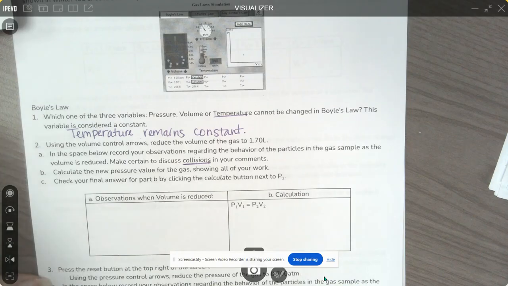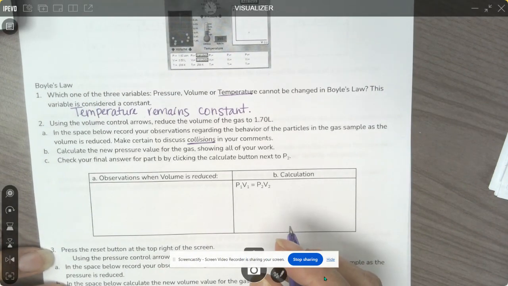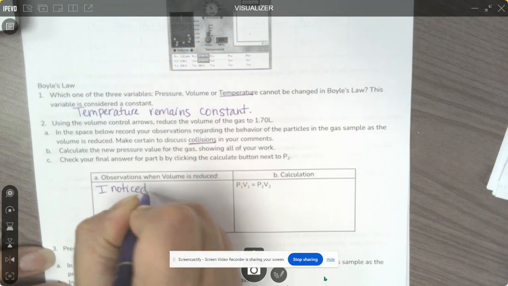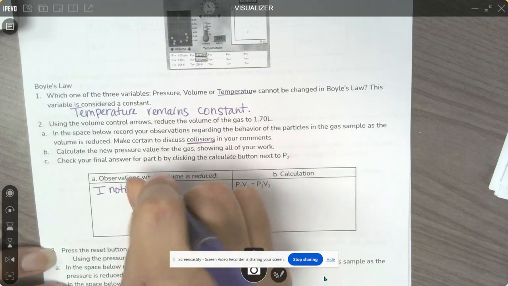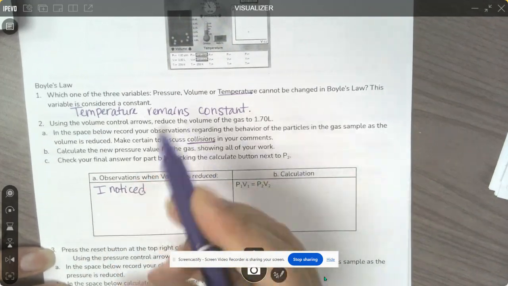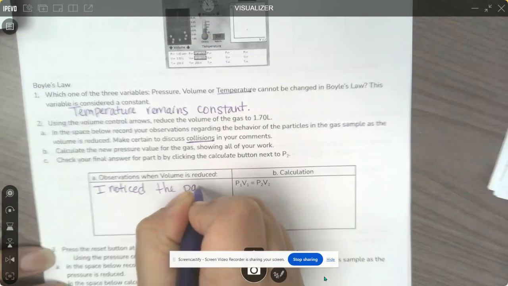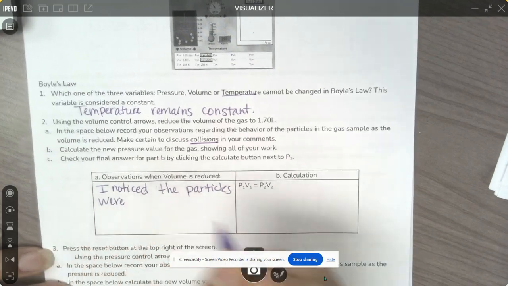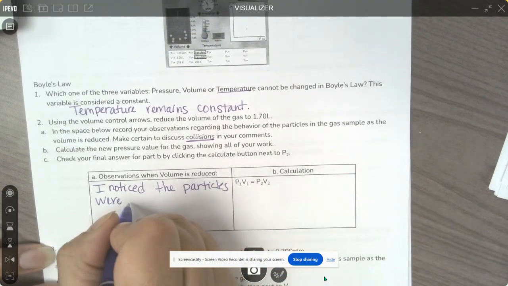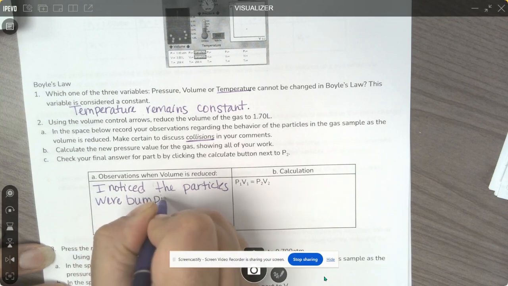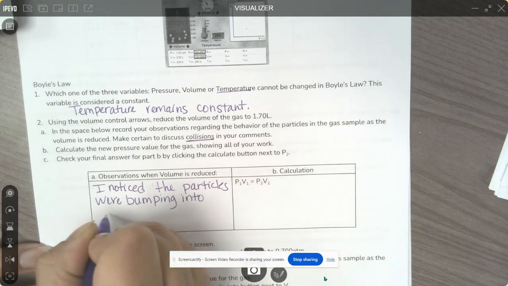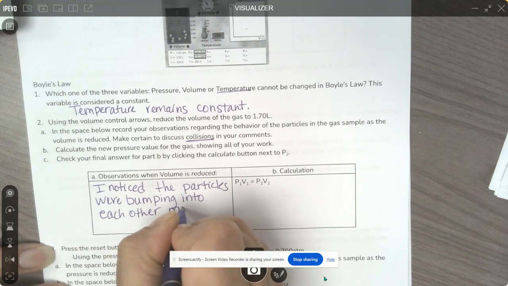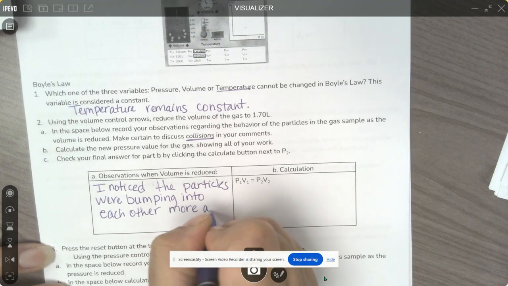Where is it? Right here. So I noticed the particles were bumping into each other more as the volume was reduced.